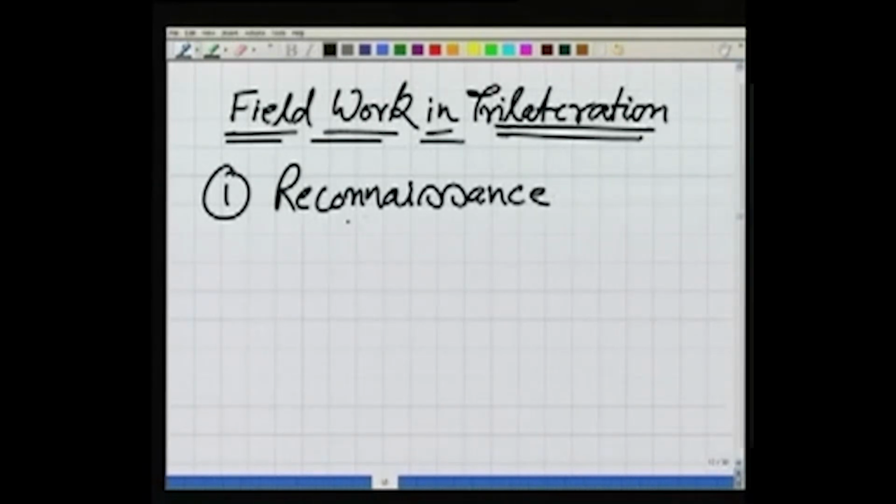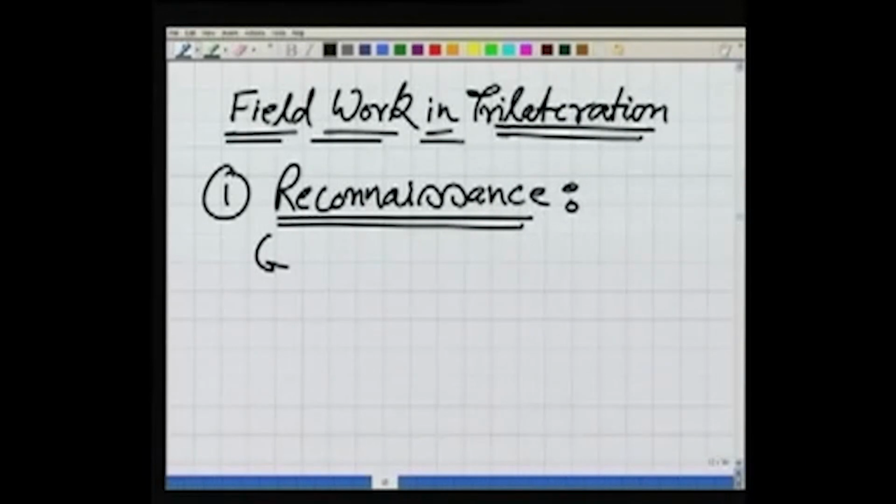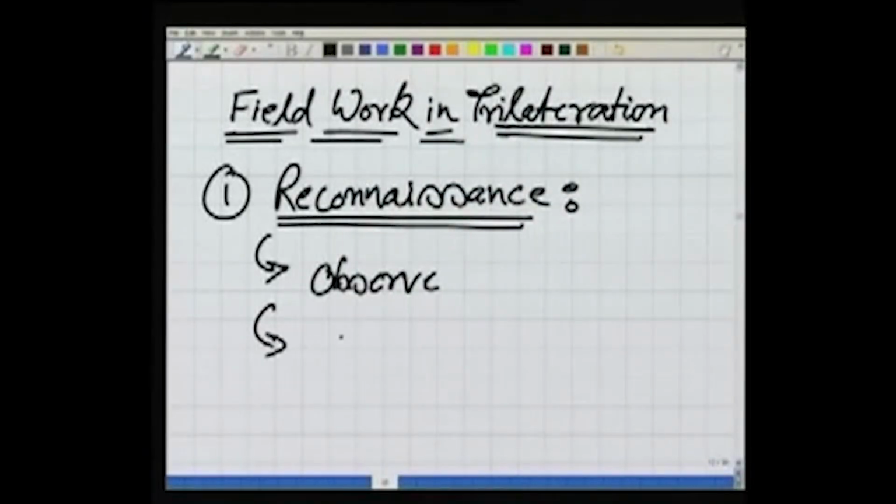reconnaissance survey. This is the most important part of any survey, because proper planning will govern the work later on. In the reconnaissance survey, you observe your area, maybe using some previous maps, or by visiting the area, by talking to people, and then you establish your trilateration stations.